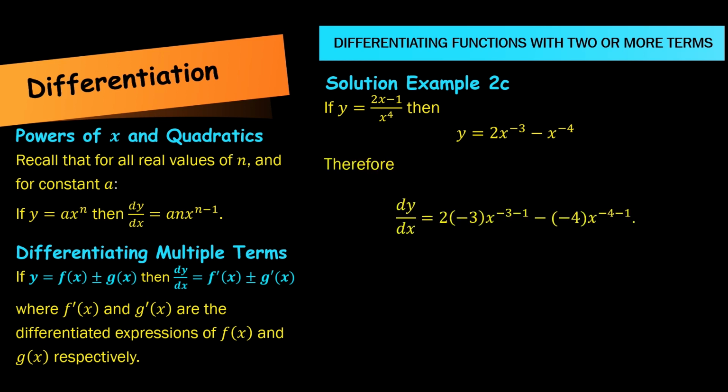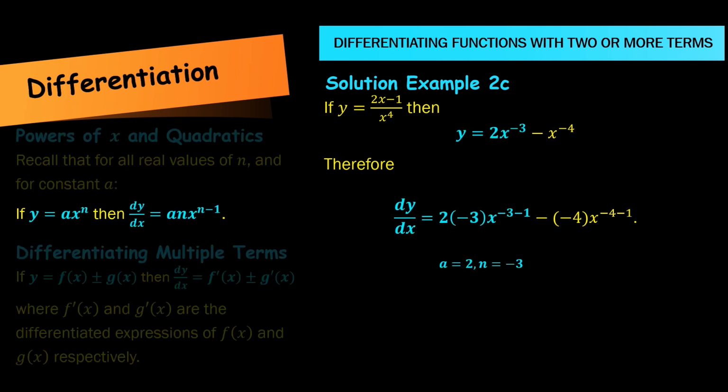So differentiating term by term, if we differentiate 2x to the minus 3 first, then we obtain the expression shown by plugging in a equals 2 and n equals minus 3.